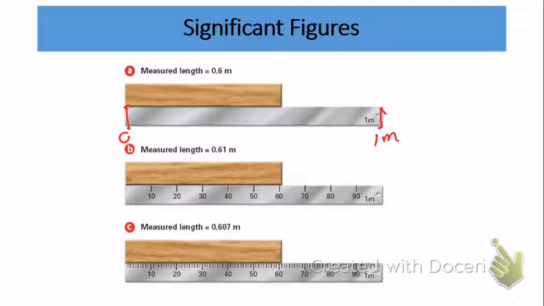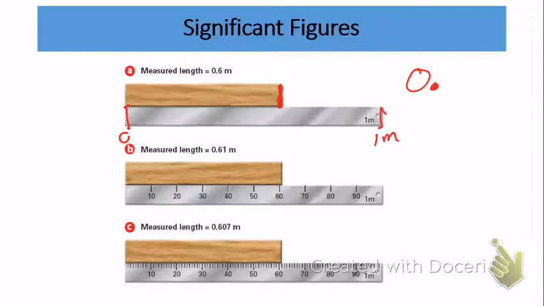If we look at our piece of wood here, it has a length that ends there. So we know that the wood is greater than 0 meters, but has to be less than 1 meter. But do we know really any certain digits? The answer really is no, other than the fact that we know that it's greater than 0. So we know that it's at least 0 point something.